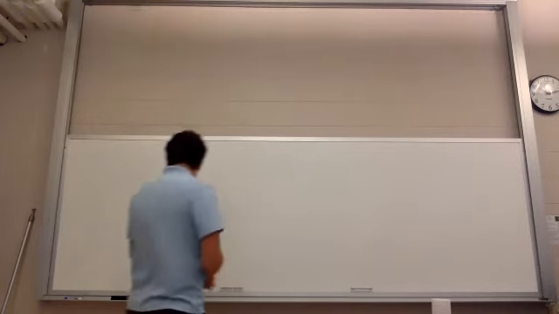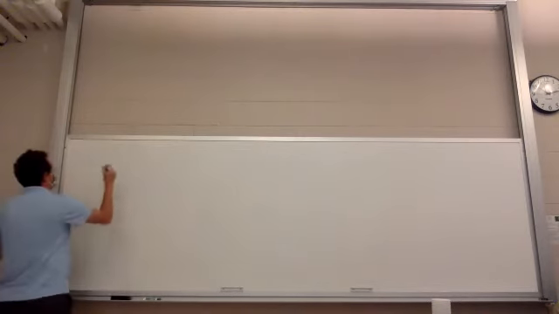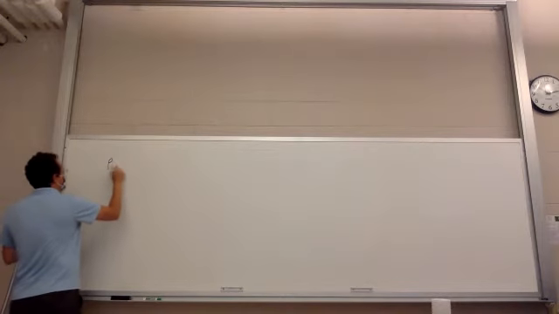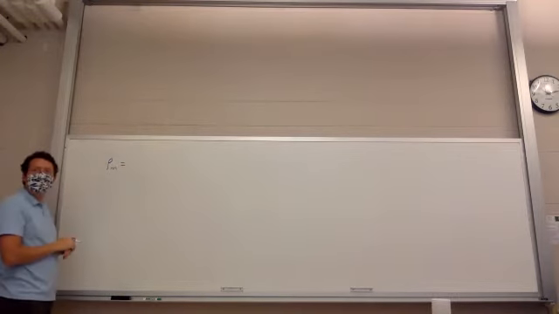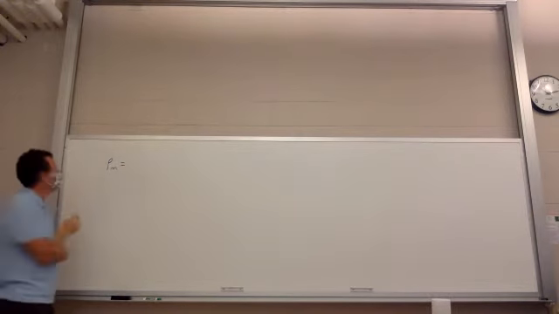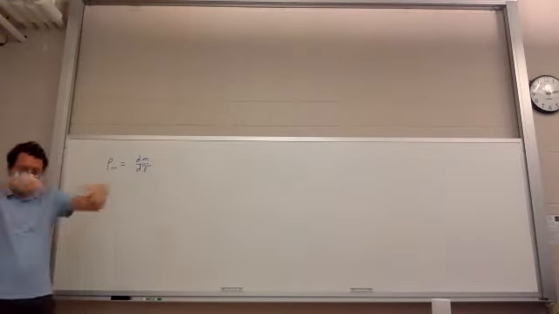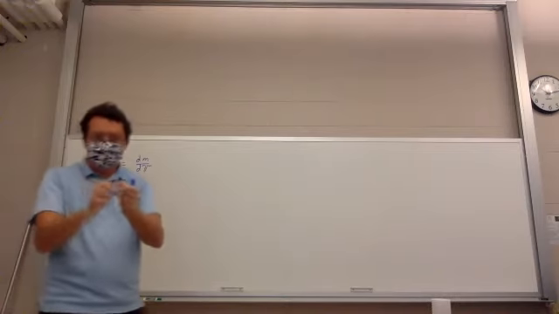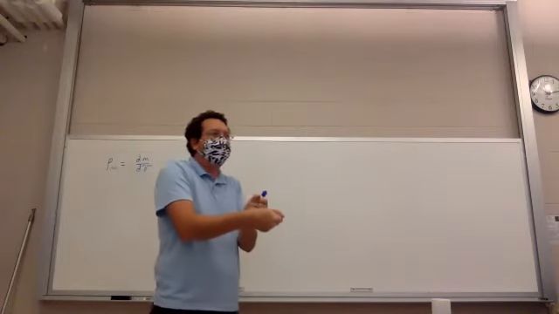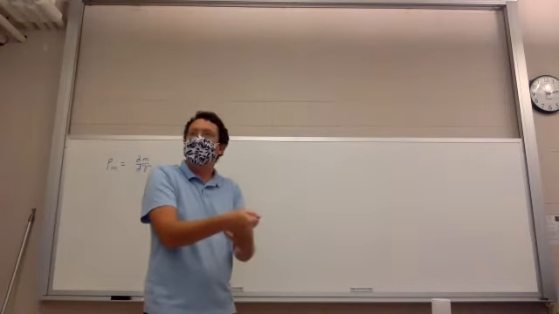What was the definition of density? dm over dv. What that says is you have some shape, you think of it as little chunks. If you increase the volume by a little bit, you expect the mass to increase a little bit.